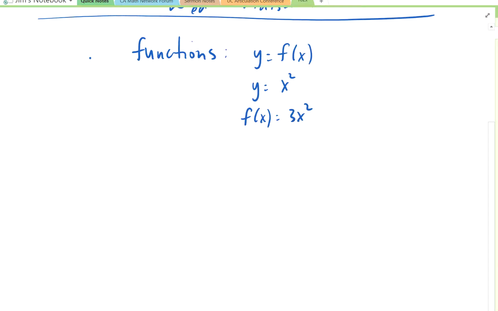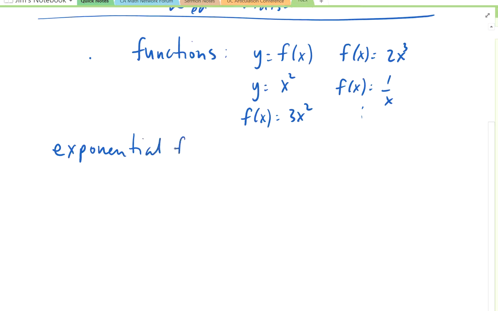We looked at f of x equals 2x to the third, f of x equals 1 over x, and so forth. Today, we're going to look at a different kind of function, a set of functions called exponential functions.